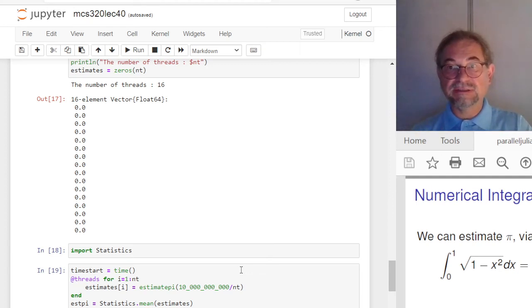All 16 threads, if I run this with 16 threads, will execute at the same time. And here you see where the parallelism comes in. In order to have the same amount of samples, the total number of samples is divided by the number of threads. So I have 10 billion simulations that will be done. If I work with 16 threads, then that total number is divided by 16.